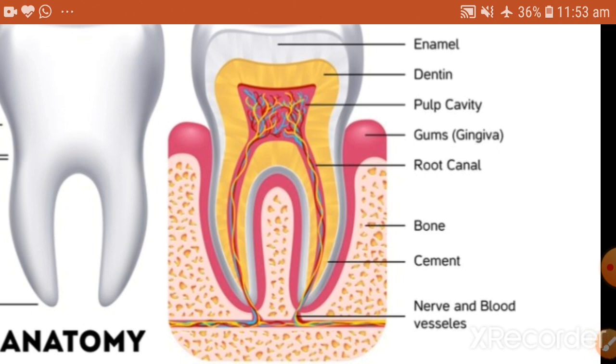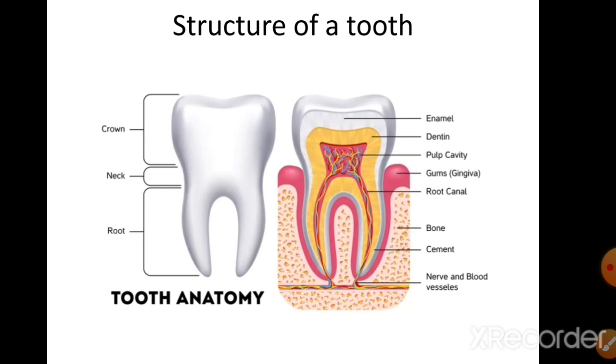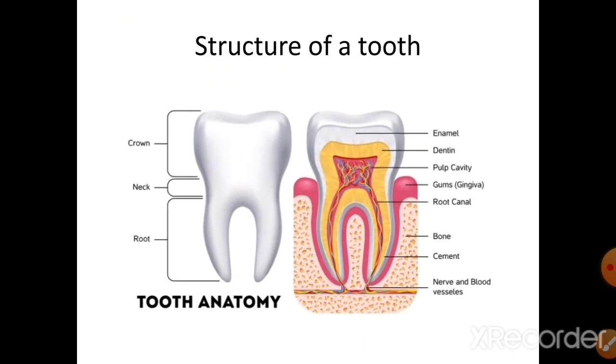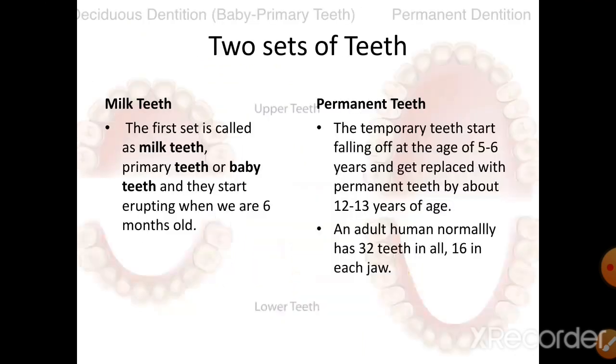Next we come to the two sets of teeth, which are the milk teeth and the permanent teeth. The first set is called the milk teeth. We start getting these teeth when we are about 6 months old. They are primary teeth because they fall off, and then we get a new set of teeth known as permanent teeth.